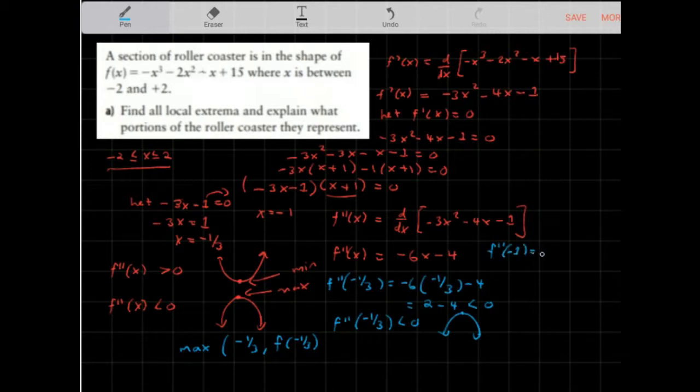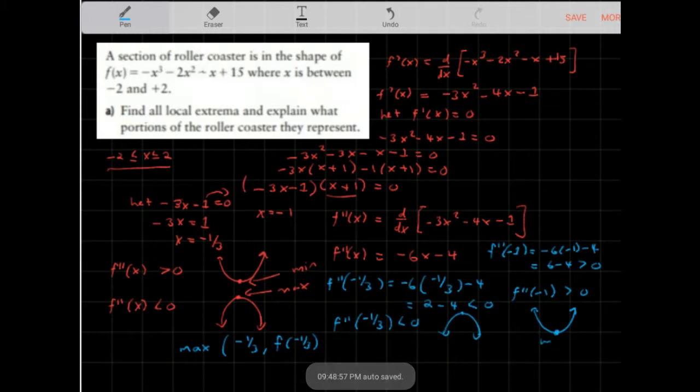If I plug that in, I get negative 6 times negative 1 minus 4, which is 6 minus 4, which is greater than 0. So f double prime of negative 1 is greater than 0, so this tells us concave up, and because it's a critical number, it's going to occur as a minimum. Okay, so there should be a local minimum at negative 1 and f of negative 1.